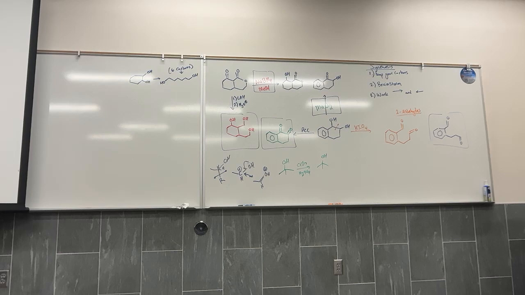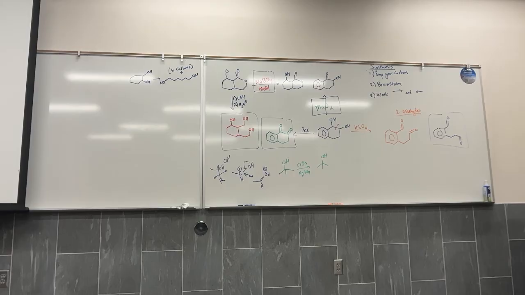So I think you're adding too many carbons here. For one, this is 1, 2, 3, but then I only see 1, 2. But this would be 1, 2, 3, 4, 5, and here I see 1, 2, 3, 4. And then don't forget, 1, 2.